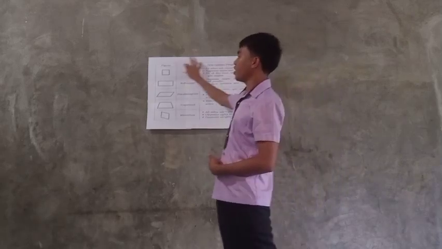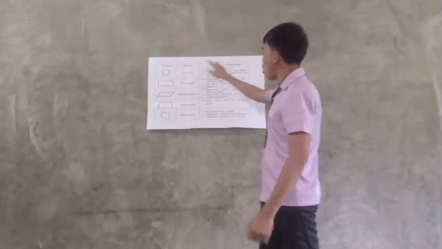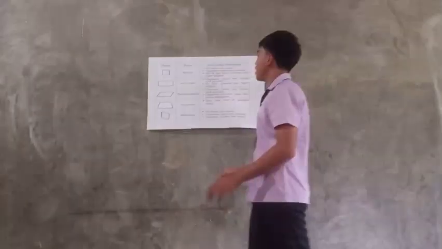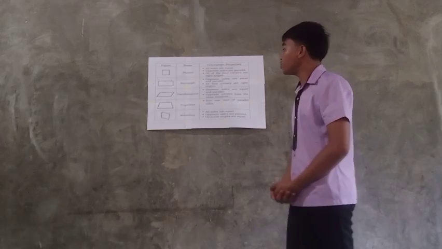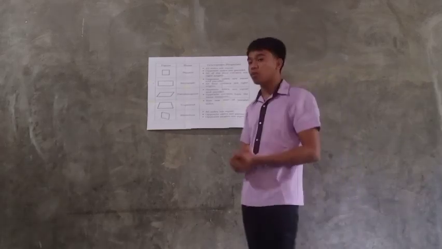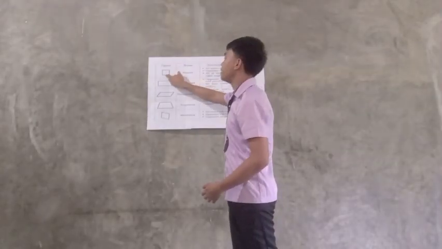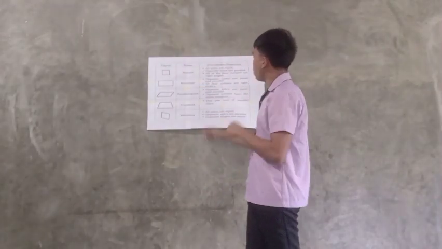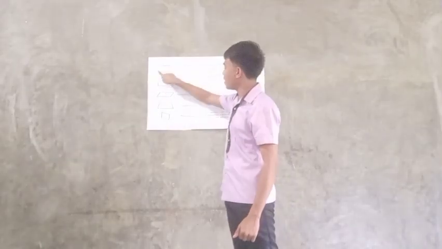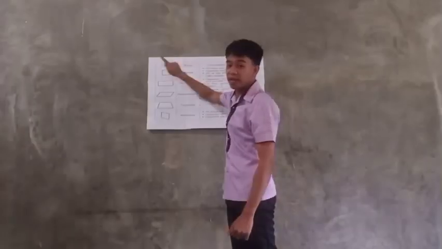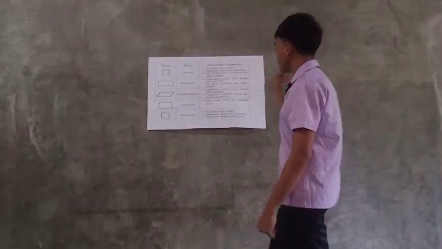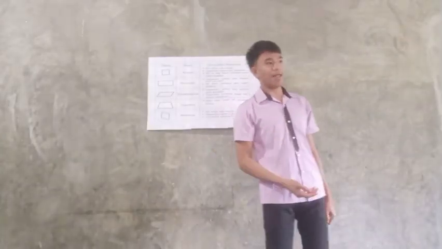As you can see here, the square has all sides equal, the opposite sides are parallel, and all four corners are right angles. This one, two, three, four.